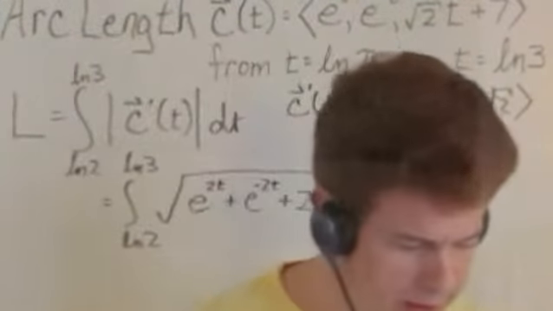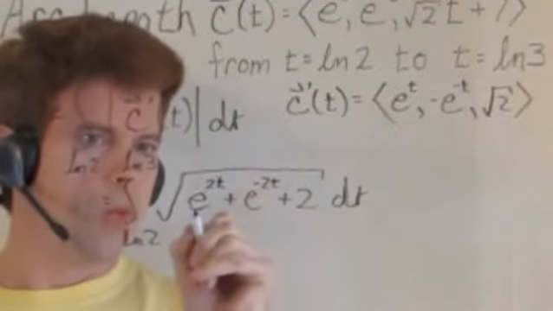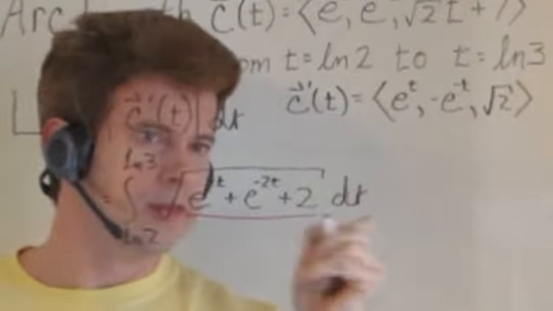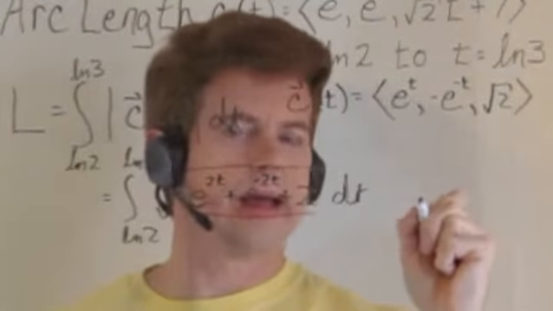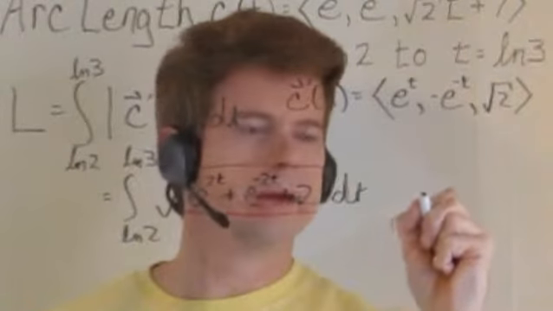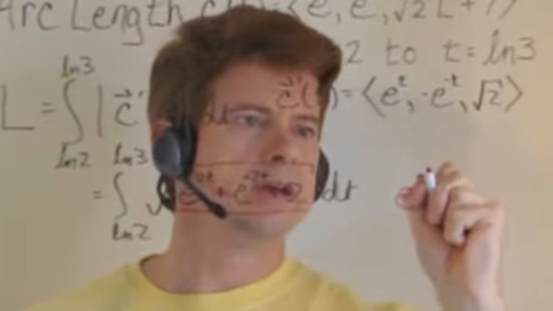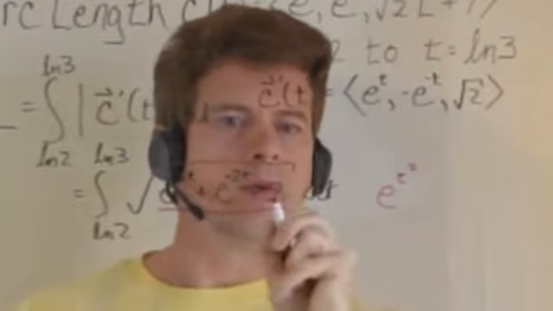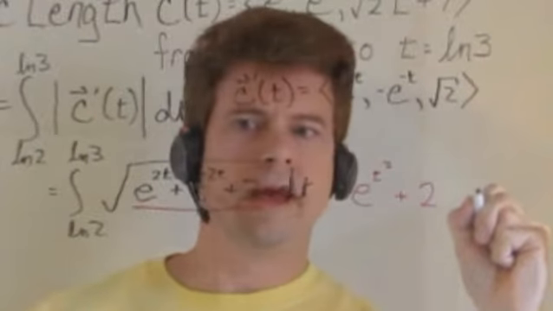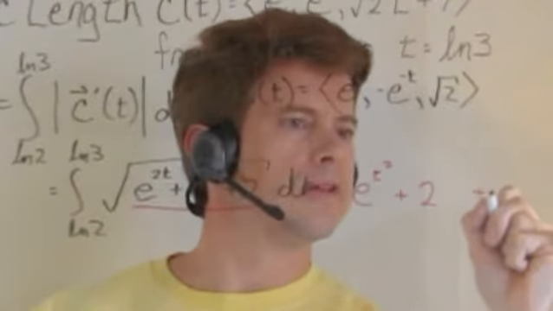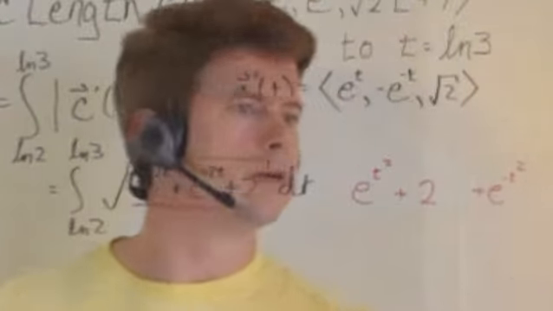So in evaluating this, let's look in detail at what this really works out to be. Let's rearrange this so we can understand exactly what we've got here a little bit better. If we take e to the t squared and we put the 2 in the middle, and then at the end plus e to the minus t squared.